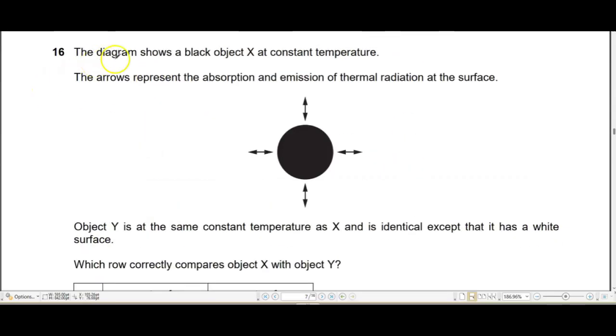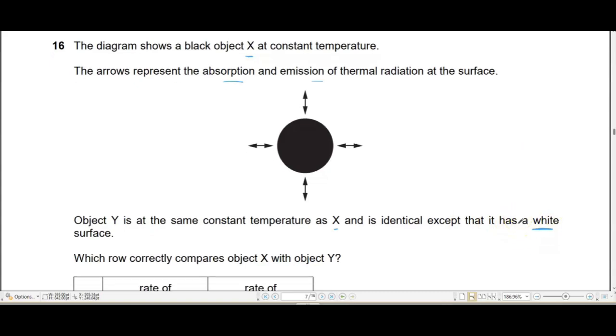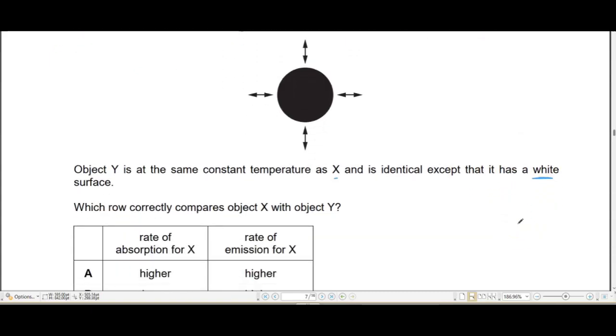Okay. Question number 16. The diagram shows a black object S at a constant temperature. The arrow represents the absorption and emission of the thermal radiation at the surface. Object Y is at the same constant temperature as X and is identical except it has a white surface. Now we all know that black surfaces are good emitters and good absorbers, and white substances are not good at absorption and emission.